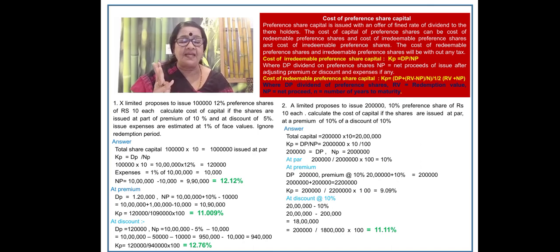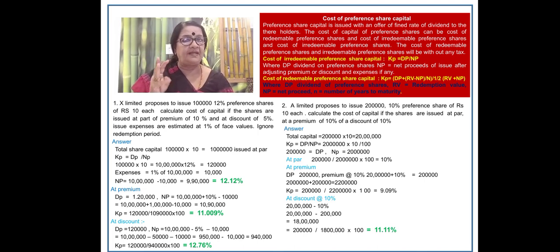So KP for irredeemable preference shares: the formula is KP equal to DP divided by NP, where DP equal to dividend on preference shares and NP equal to net proceeds of issue after adjusting premium or discount or any processing cost incurred.